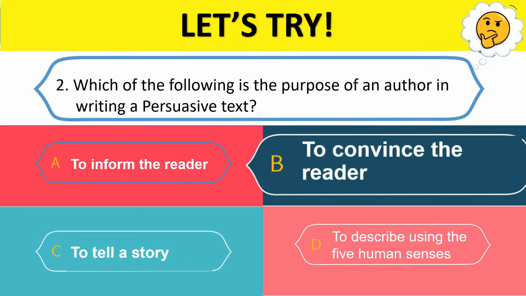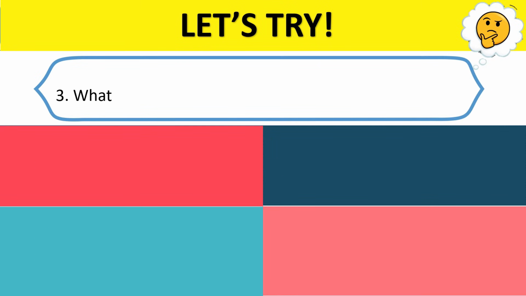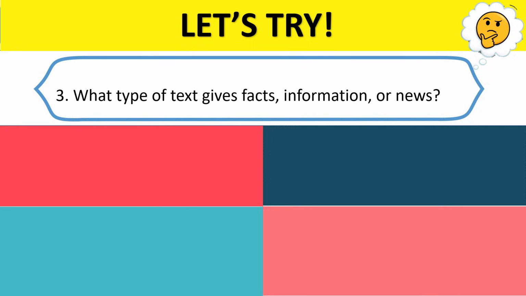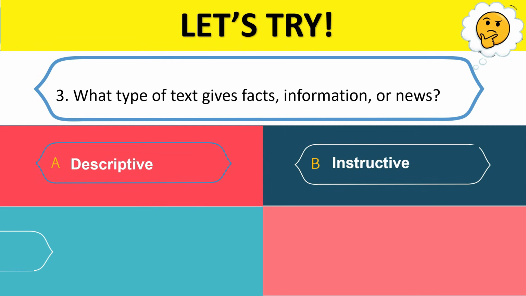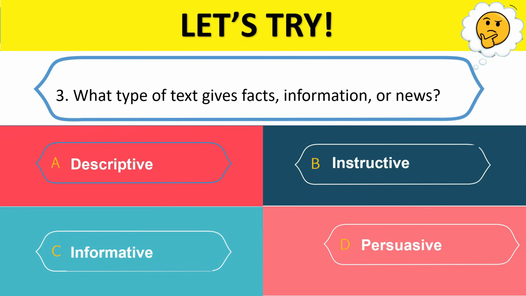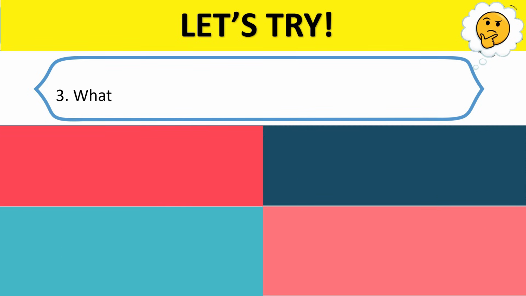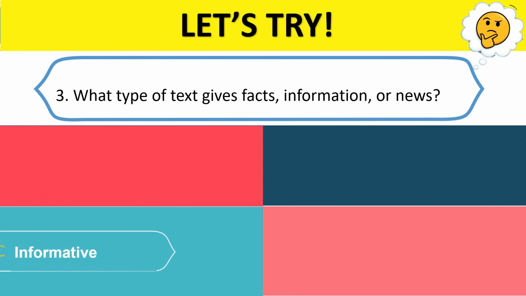Let's move on to number 3. What type of text gives facts, information, or news? A. Descriptive. B. Instructive. C. Informative. D. Persuasive. What is the correct answer? The correct answer is letter C. Informative.